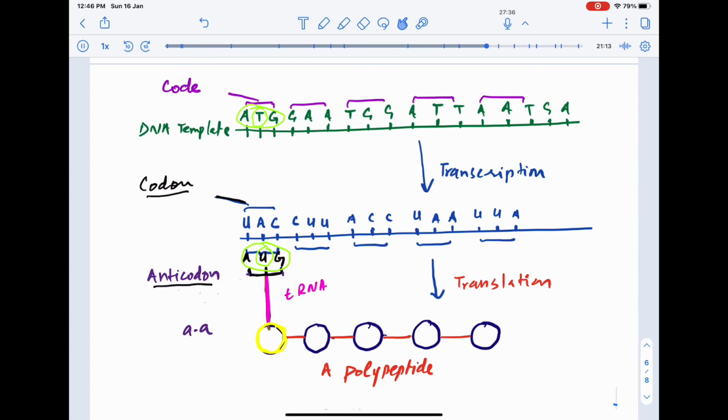This AUG anticodon will have the amino acid tyrosine attached with it.